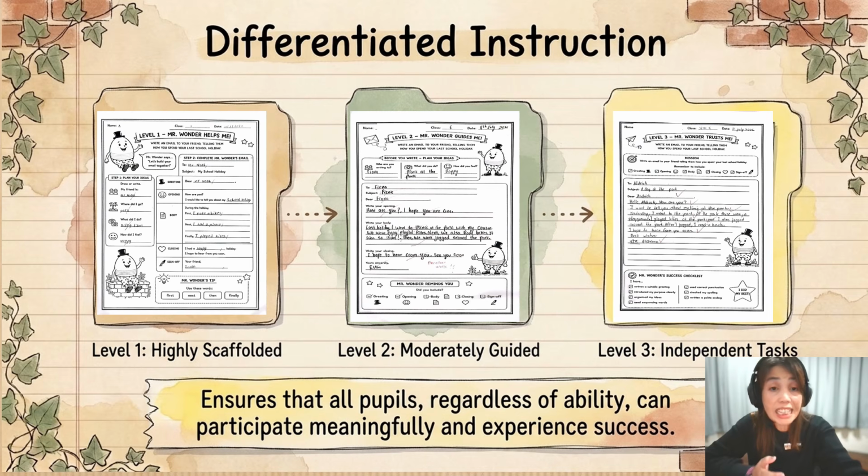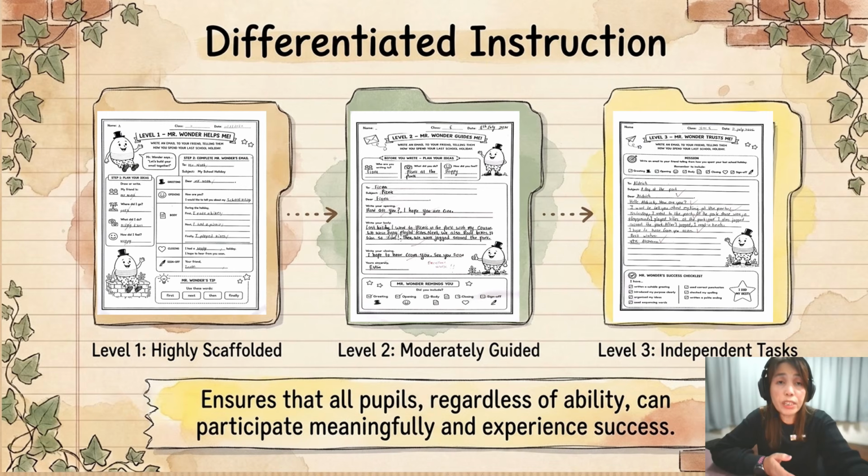Level 1 is highly scaffolded with strong prompts and more visible guidance. Level 2 is moderately guided, leaving more decisions to the pupils. Level 3 provides a more independent task for pupils who are ready to organize and produce the email with minimal support.